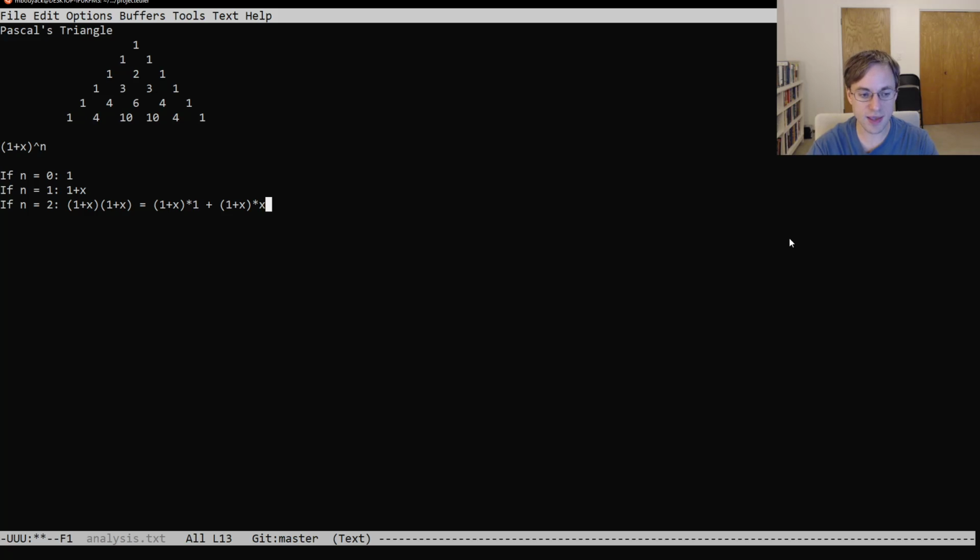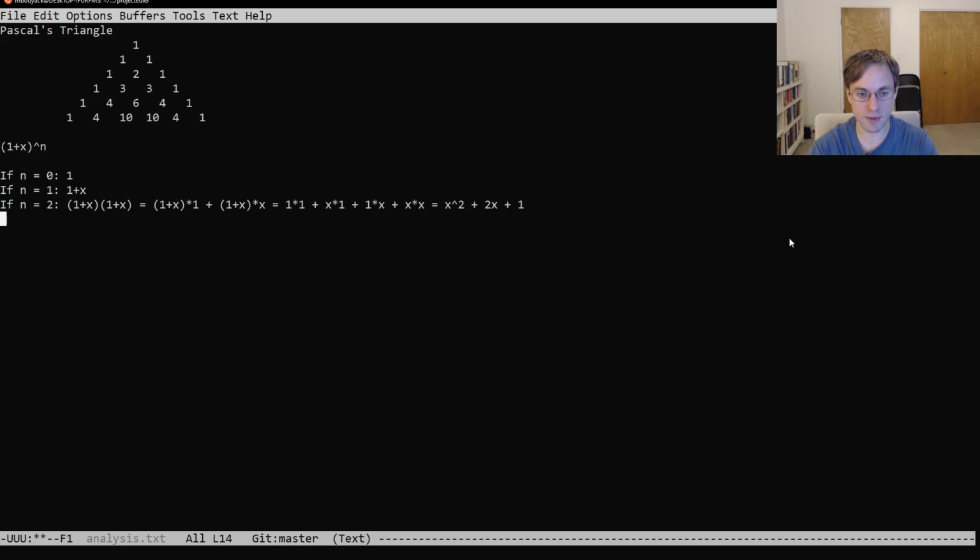And then likewise, we can distribute these inside this sum, and this inside this sum, and that will give us 1 times 1 plus x times 1 plus 1 times x plus x times x. Or as it might more commonly be written, x squared plus 2x plus 1.